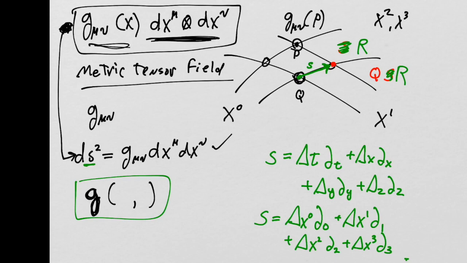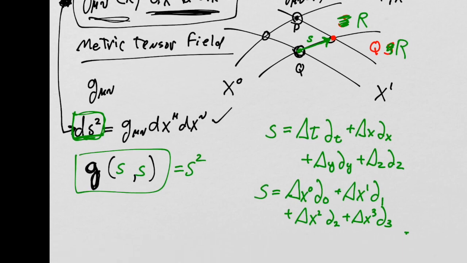Because ultimately I want to show you what ds squared is in so many of those textbooks, so I've got to name that little thing s. Anyway, I put in s and s here, and what I should end up with is essentially s squared, the magnitude of s.